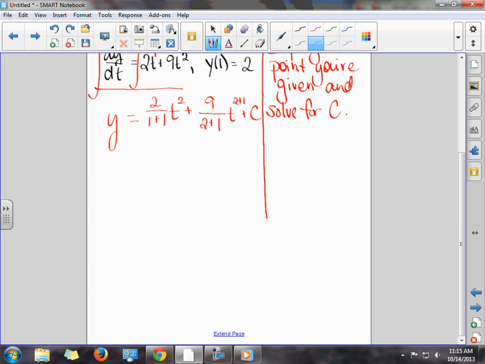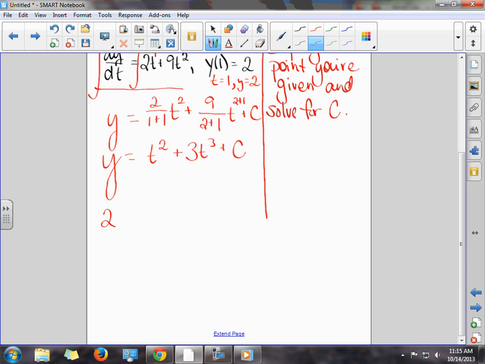Let's clean up some. 2 divided by 2 is 1, so this is just t squared, plus 9 divided by 3, which is 3t cubed, plus c. And this is equal to y. They tell me that when t is 1, y is 2, so I can plug this in.